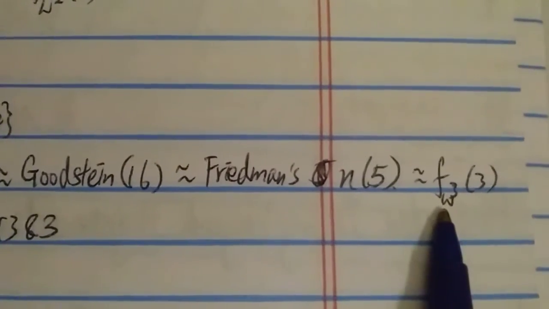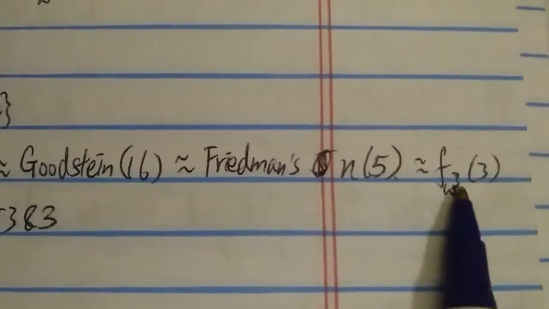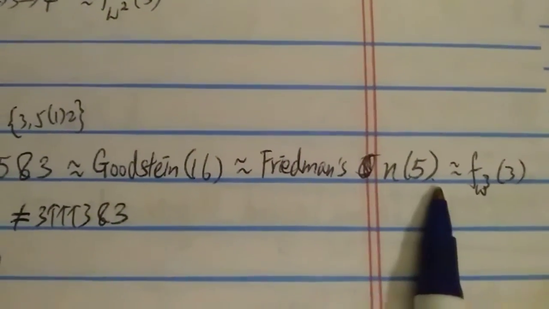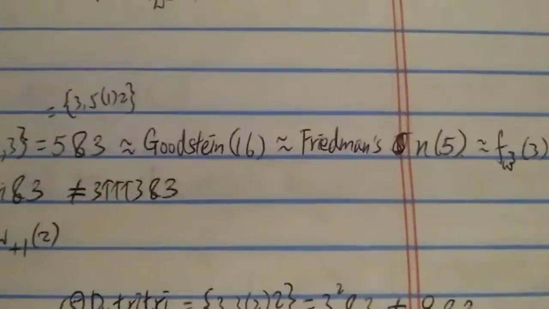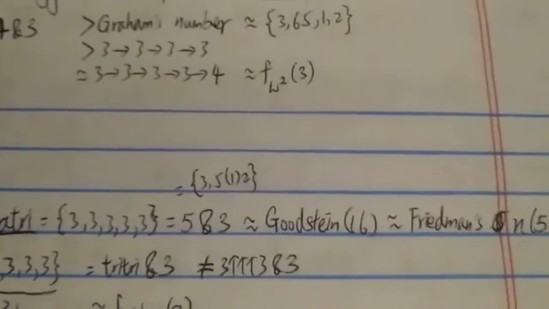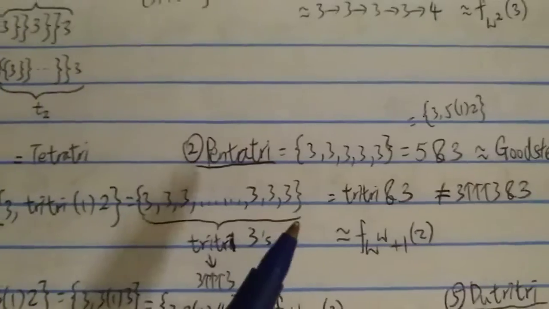In terms of the fast-growing hierarchy it is around f of omega cubed of 3. Some of you know that n4 used to be a lower bound for 3→3, so n5 is much bigger than n4, but it is not bigger than 3→3 yet.